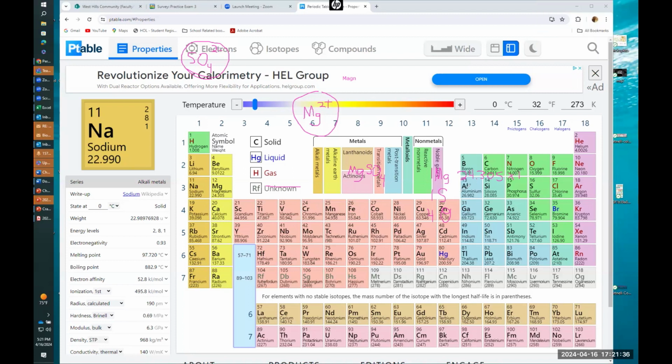Sulfur weighs 32.06, and we're gonna multiply that by one. And then oxygen weighs 15.999. We multiply that by 4. And then do we have to add them all together? That is correct. Yep.